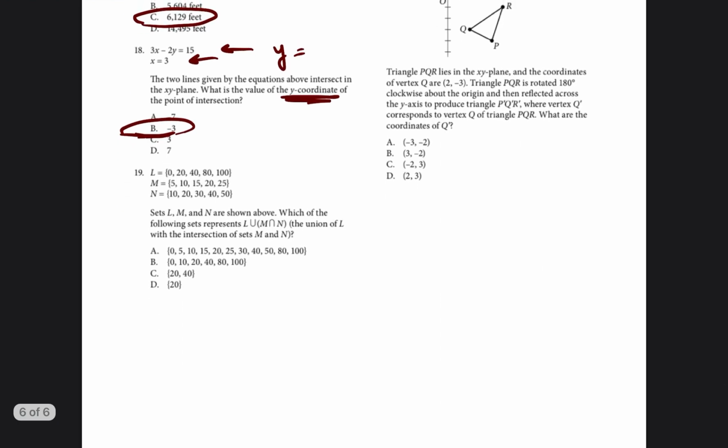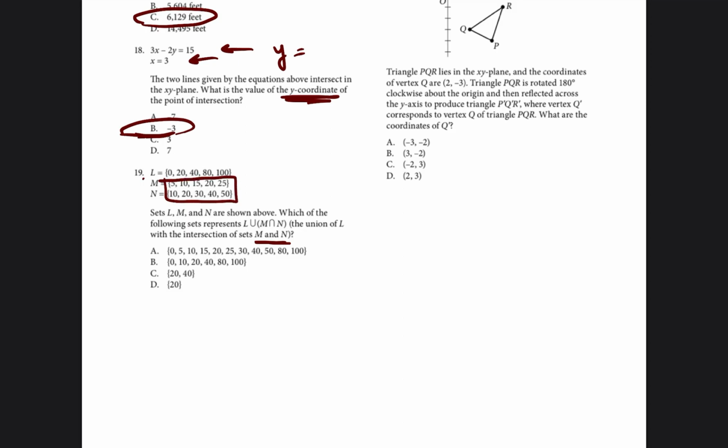Okay, so these are 3 sets of numbers. They're saying, which of the following sets represents the union of L with the intersection of M and N? So intersection of M and N just means what values are found in both of these two.